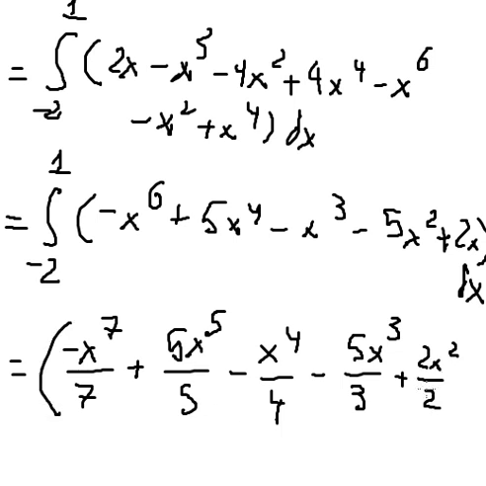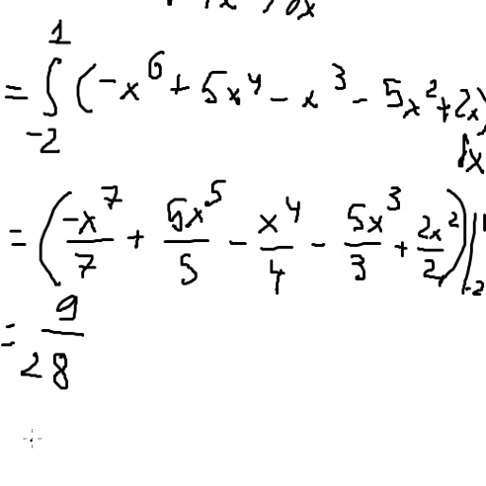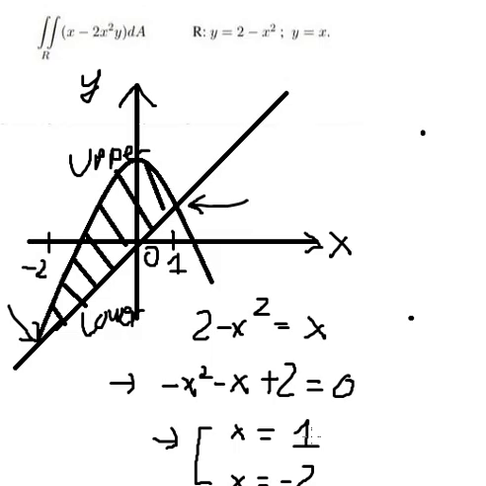And now we put the bounds from negative 1 to positive 2. So we calculate this one. Oh, sorry, wrong. Negative 2 to positive 1. So we calculate this one. We have 9 over 28. And this is the final answer.